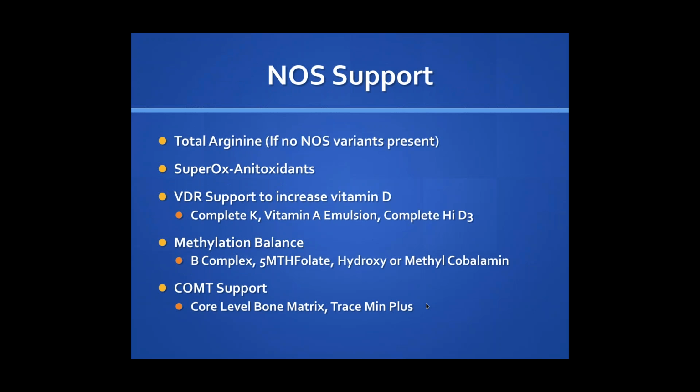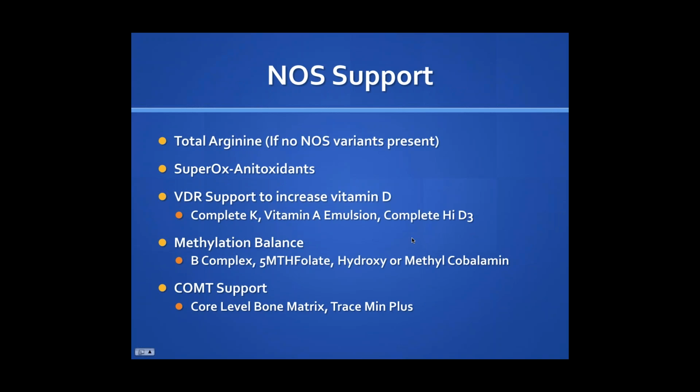So some of the supplement supports here, we have total arginine, which is great if there's no nitric oxide synthase variant present. Definitely that Superox product will help clean up some of the antioxidants, it will help with antioxidants.